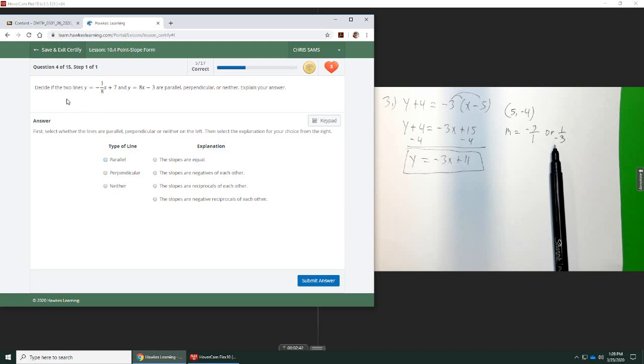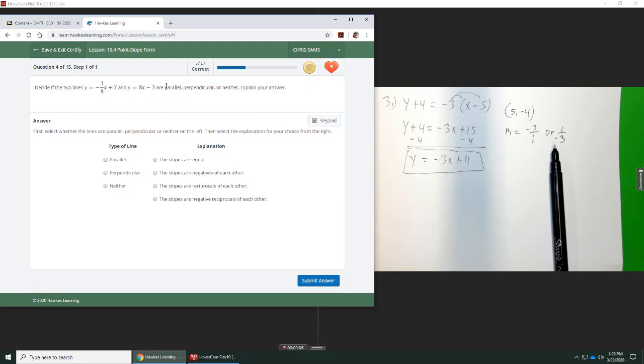All right, number 4 looks like terminology. It wants you to decide if these two lines are parallel, perpendicular, or neither, and then we need to explain. Okay, so parallel, we need to make sure the line is in slope-intercept form first. And I'm looking at both these lines, and they are.